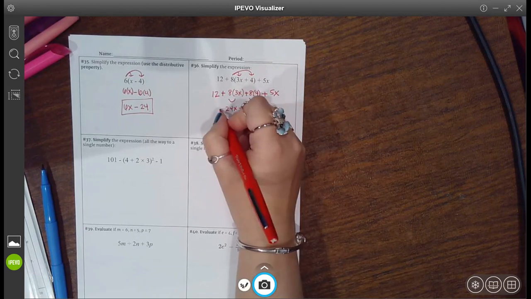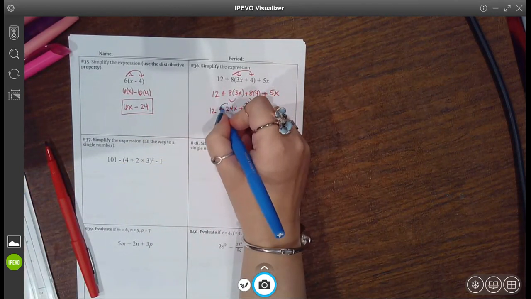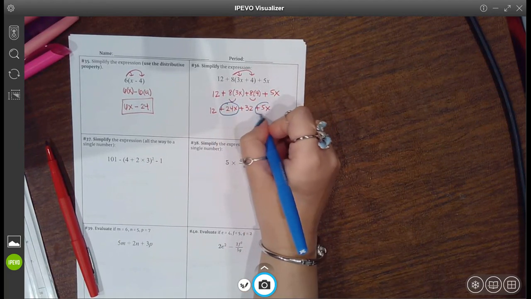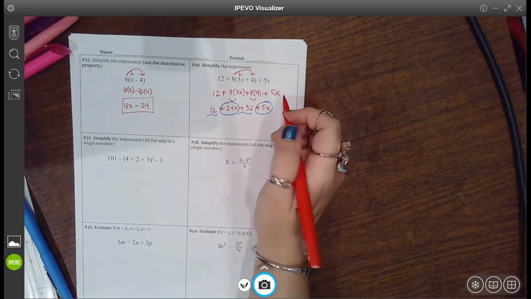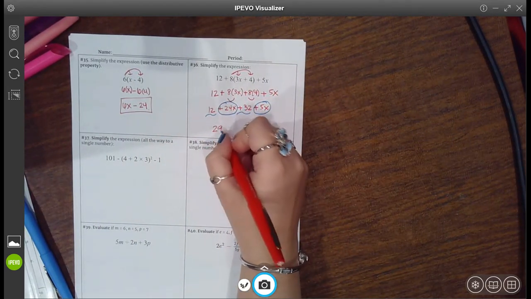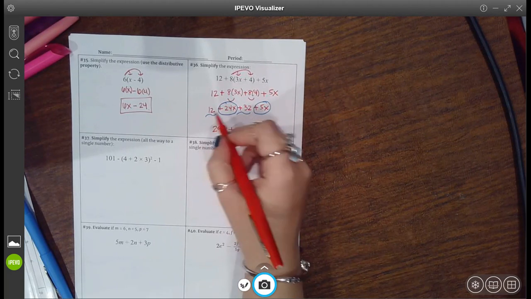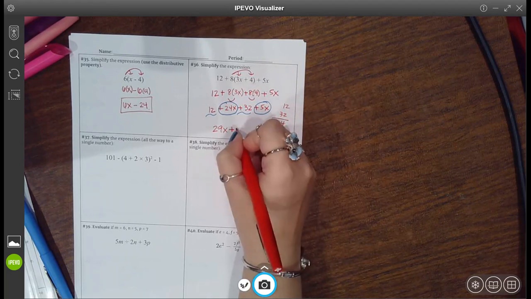Tack on the 5x and tack on that 12. Now for my like terms, I have a 24x and a 5x, and then these constants of 12 and 32. So I'm going to do the x's first. 24 plus 5 is 29x, plus 12 and 32 is 44.